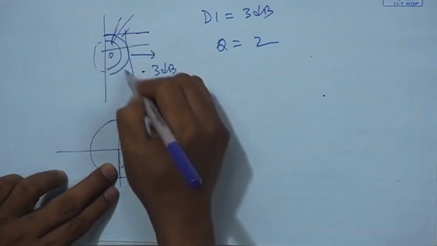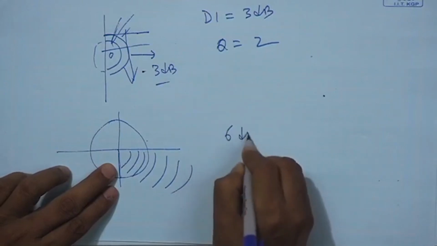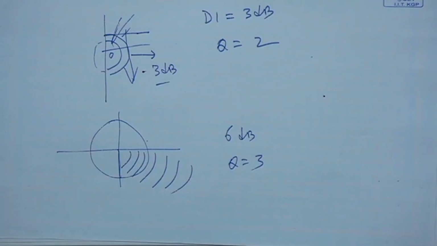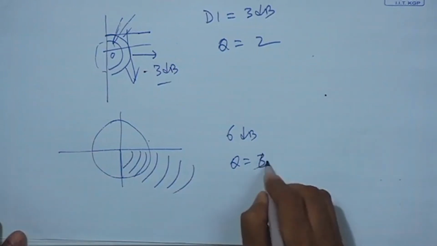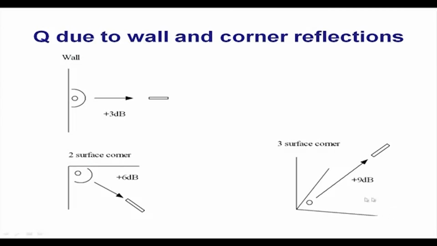This portion is again channelized in this direction. So, it is 6 dB, Q is equal to 4. If it is 3 surfaces, it will be 9 dB, Q is equal to 8. So, that way I can create it.